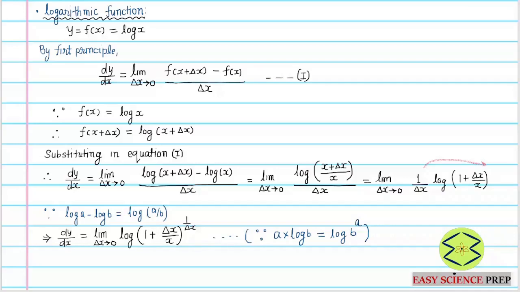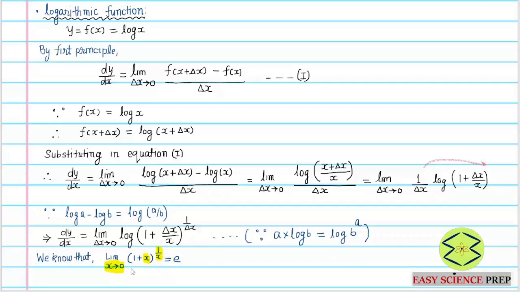Now you have to remember a very important limit. You must be knowing that limit x tends to 0 of 1 plus x raised to 1 over x is e. This is a standard limit. You have to be very careful here that whatever variable you have here, the same variable must be here, and its reciprocal must be in the exponent.